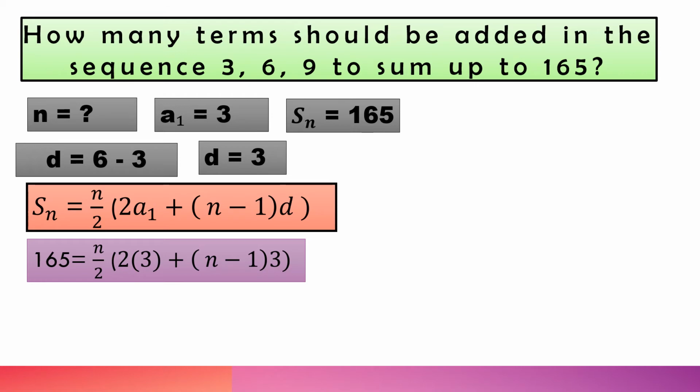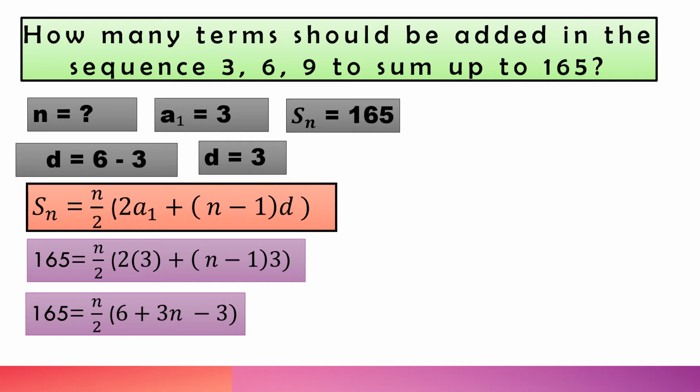Substituting the given values to the formula, we will have 165 is equal to n over 2 times the quantity 2 times 3 plus quantity n minus 1 times 3. That is equal to 165 is equal to n over 2 times the quantity 6 plus 3n minus 3. Simplifying the terms in the parentheses, we will have 165 is equal to n over 2 times 3 plus 3n.